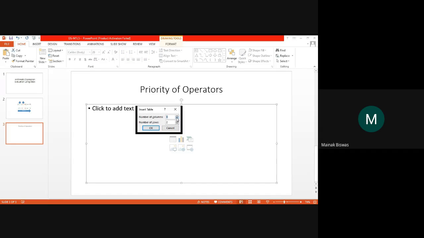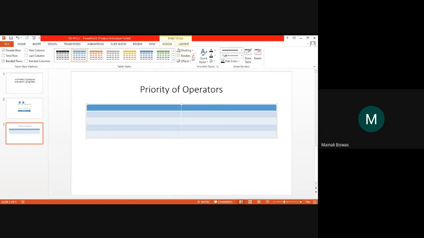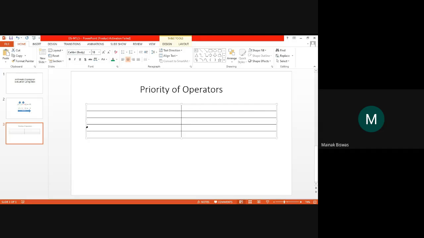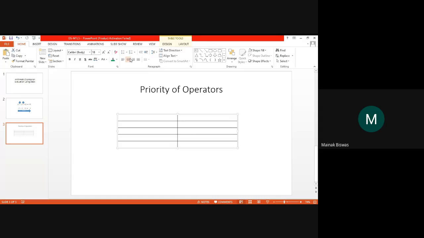So basically let us take the 2 columns only. So let us say this is the operator and this is their priority.